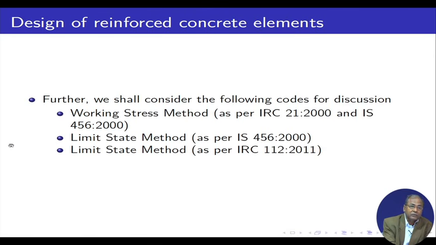Next we shall consider the limit state method as per IS 456 2000 and the limit state method as per IRC 112 2011, which we generally follow. Here we also have the working stress method, in IRC 21 that is also available, but mainly we shall focus on the limit state method.